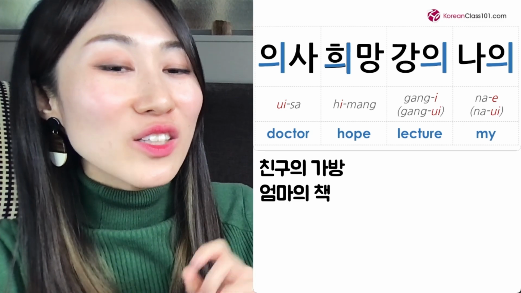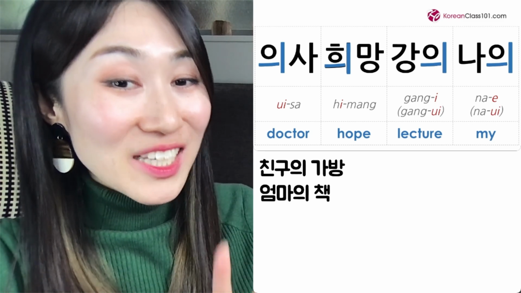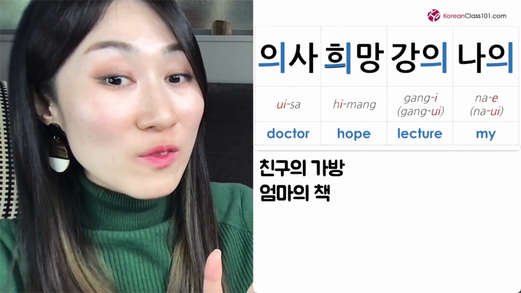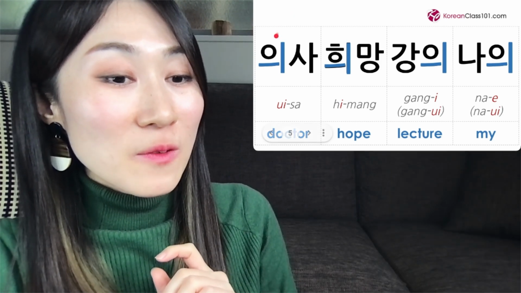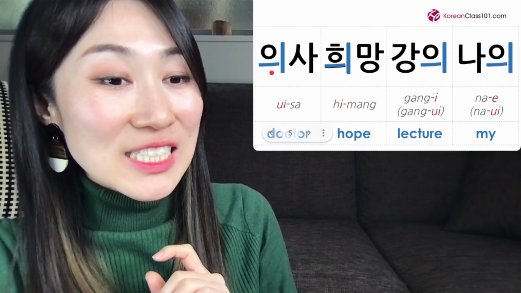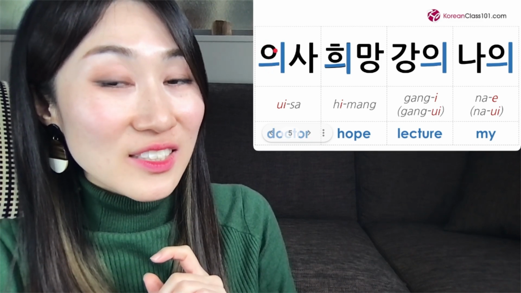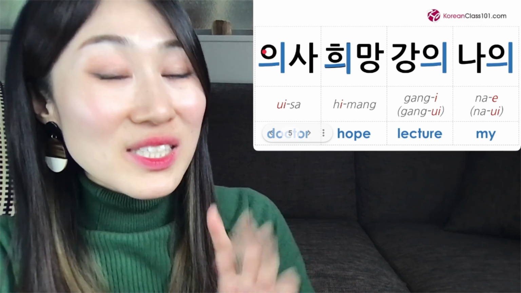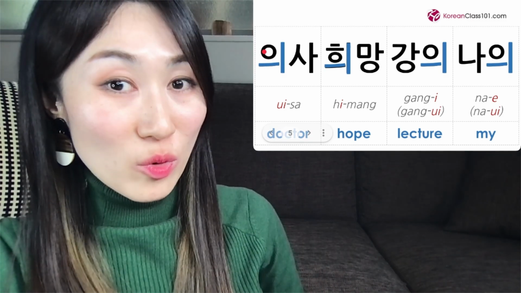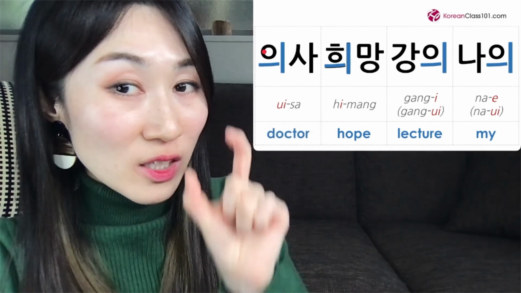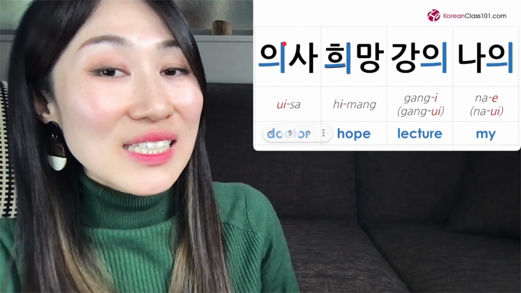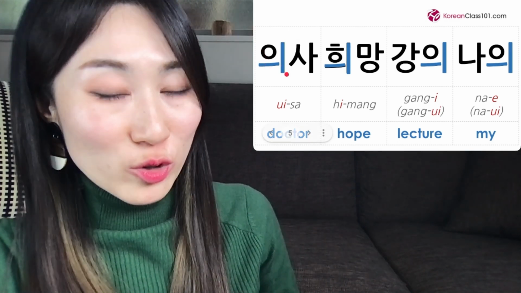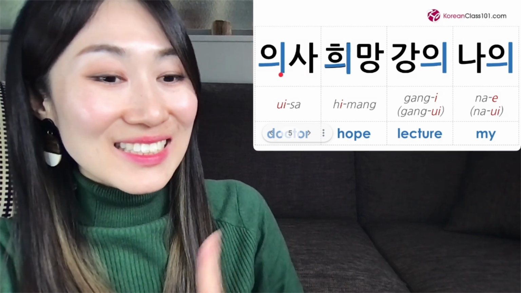So we learned a lot about 의, but let me quickly review it for you. First, if this 의 with this 이응 comes at the beginning of the syllable, as the first syllable of the word, then this 의 is clearly pronounced like 의사.